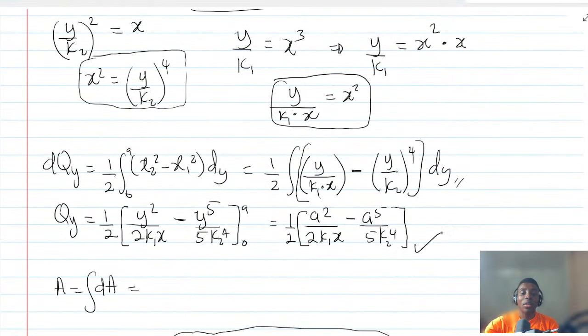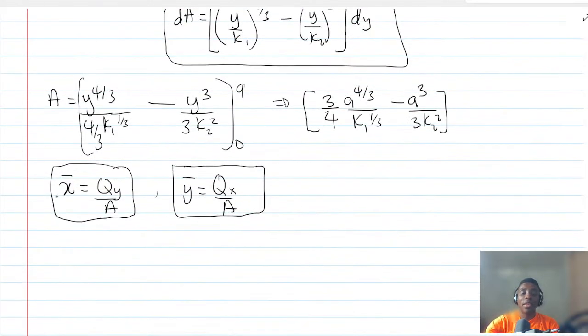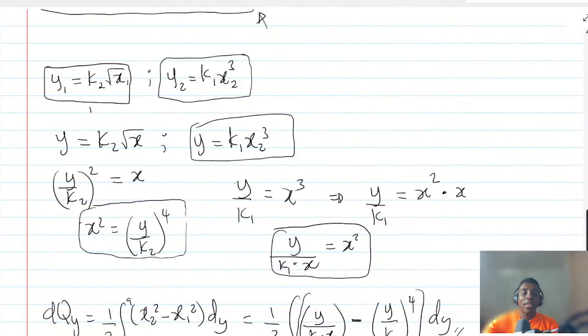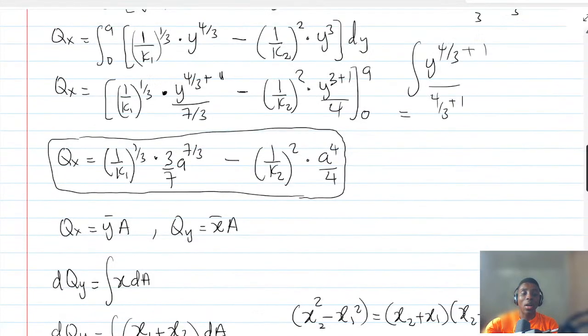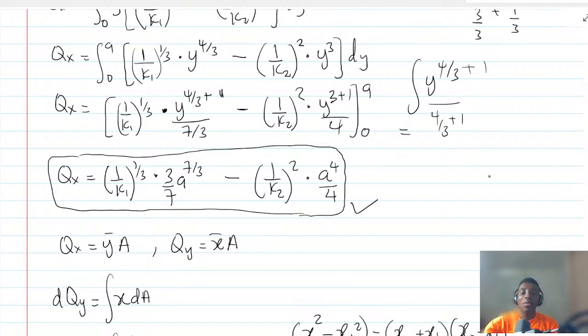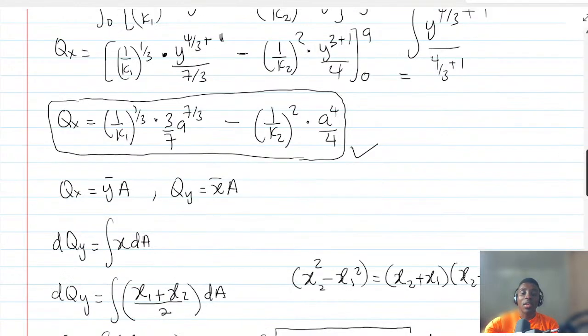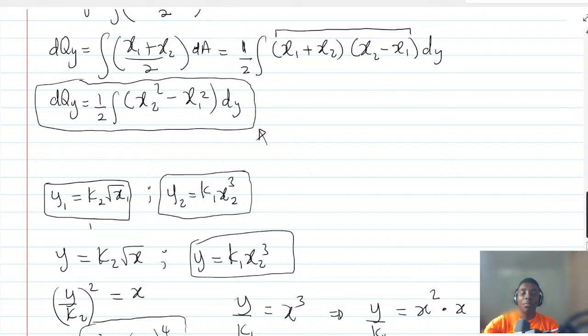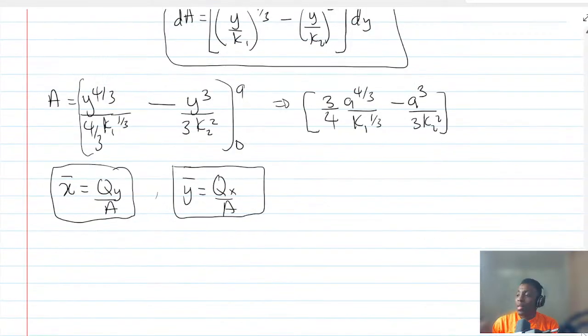You divide ky by the area, then you get the expression for x bar, and then you divide Qx, which is this one, by the area, and you get the y bar. Some of the terms will cancel out, but this is algebra, so I want to leave that to you so that you spend some time and simplify this.